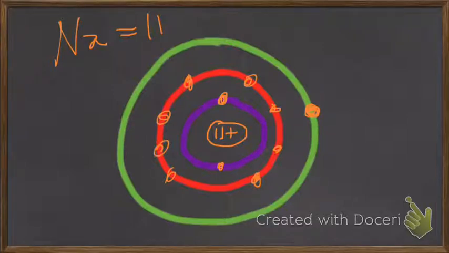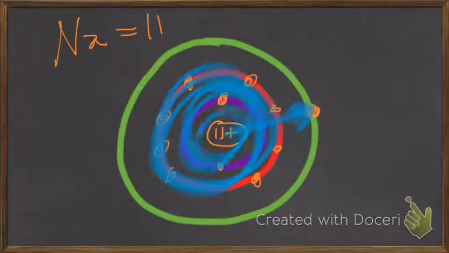Now you can imagine, or we can discuss the fact that there is a difference in the distance between the nucleus and that outermost energy level for that electron. First off, all of these electrons on the inside here, on this inner core, the first 2 energy levels, are going to be repelling each other. And so it's kind of shielding the effect.